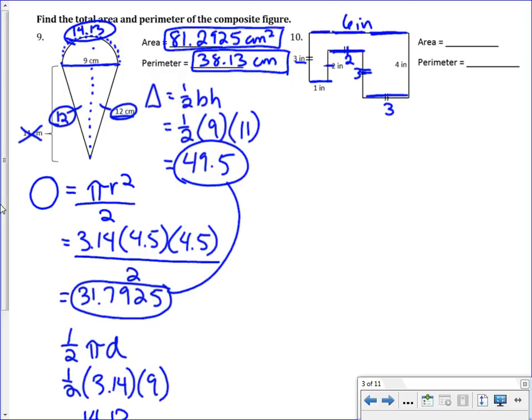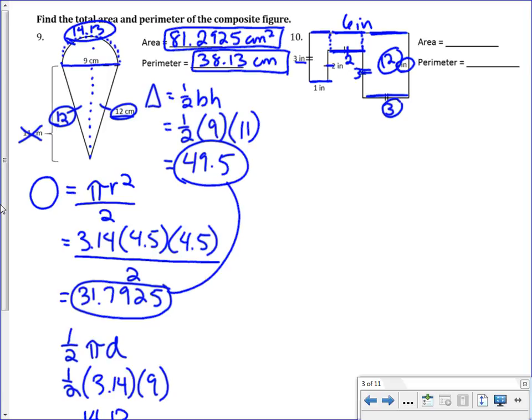Okay, now that I have all my measurements, I'm going to find the area first. And you can find the perimeter first if you wanted to. But what I'm going to do is divide my rectangles like this. I'm going to put a line down this and a line down this. So now I have 3 rectangles. Well, this large one here is easy. This is going to be 3 times 4. That makes this here 12. This little one in the middle, I have to again figure out what's my dotted line here.